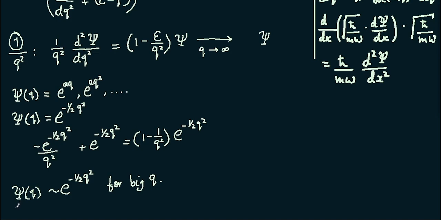To look at that, we'll assume that ψ has the form v of q, where v is some function, and moving forward, we'll explore its properties. ψ has the form v of q into e raised to minus 1/2 q squared.